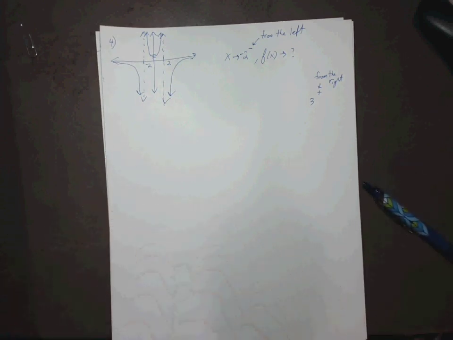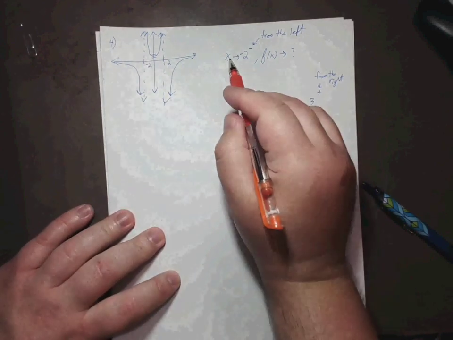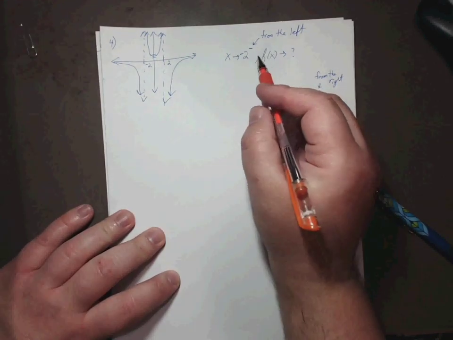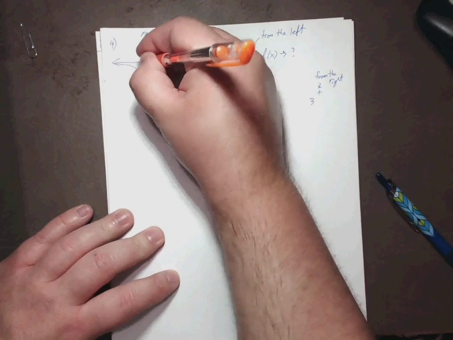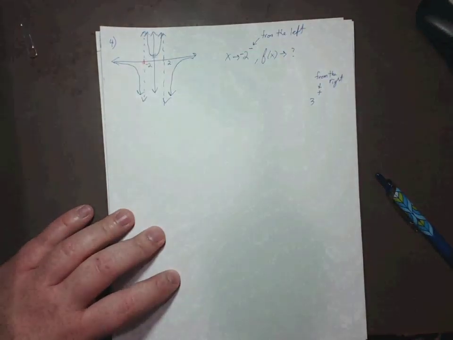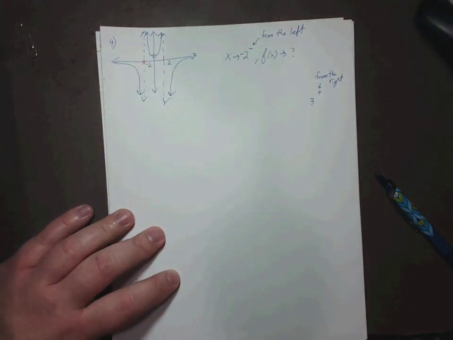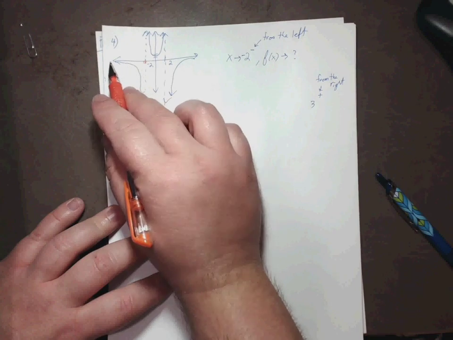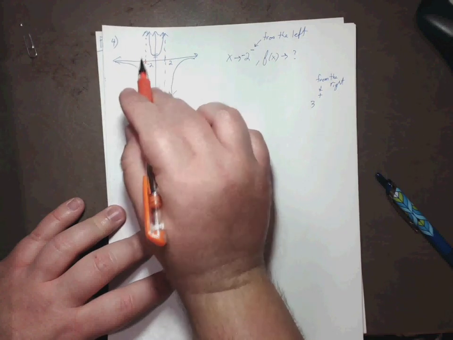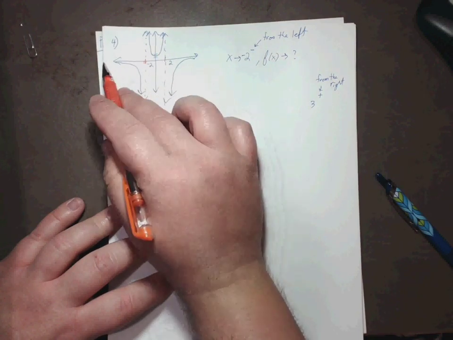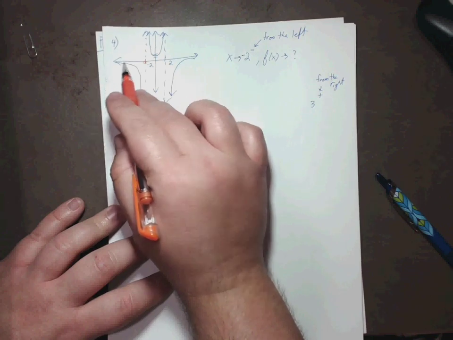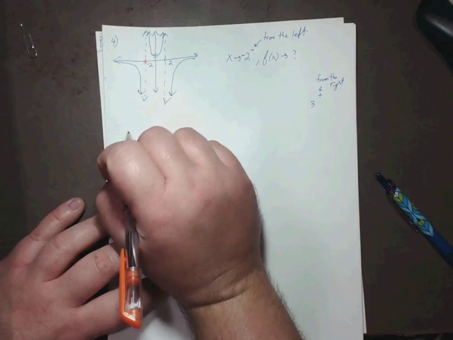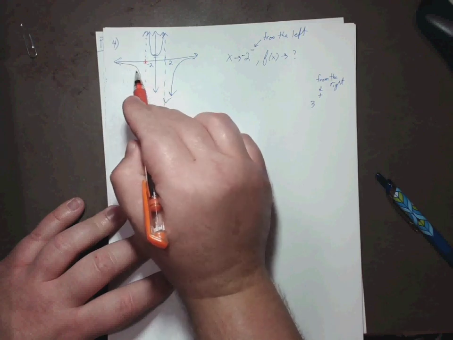But right now we're just approaching. What does the graph do as x approaches -2 from the left? First of all, where is -2 on the x-axis? It's right here. As we follow our graph, this curved line here, from the left towards x equals -2, what happens to it?